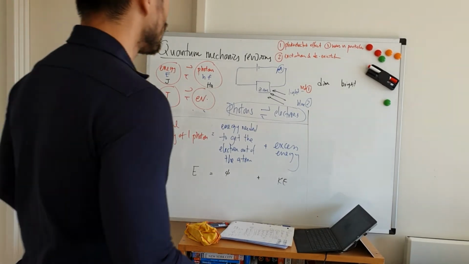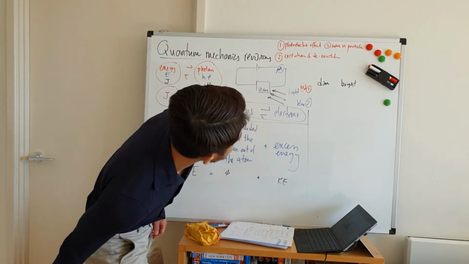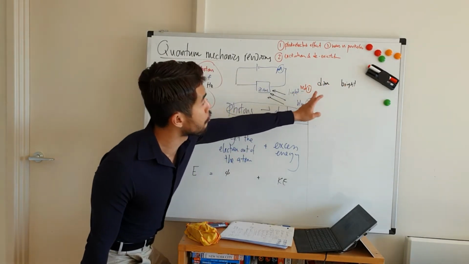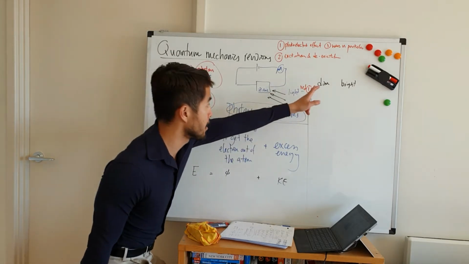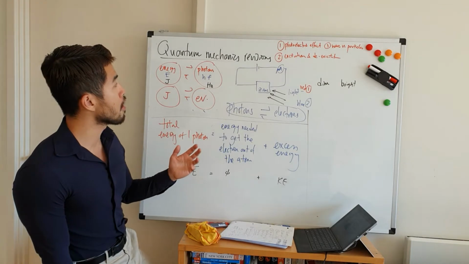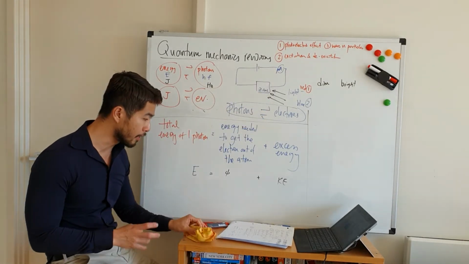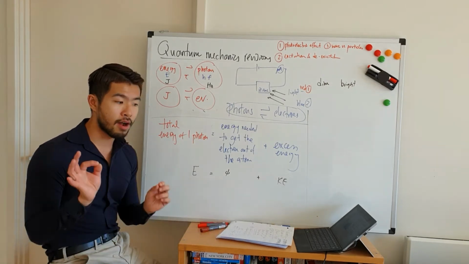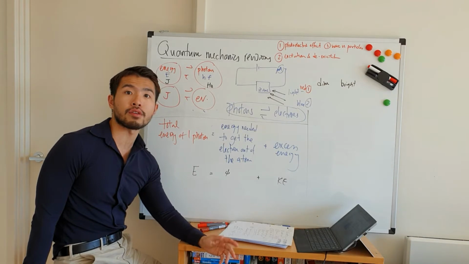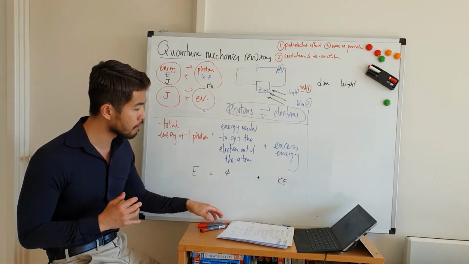Okay, so we've got two situations here. We have dim red light and bright red light. We've got dim blue light and bright blue light. We have a circuit here, and this is a very micro emitter that can measure in great detail how much current or how many electrons flow through the circuit, and we have a zinc plate.